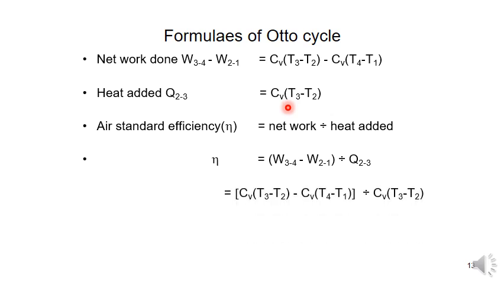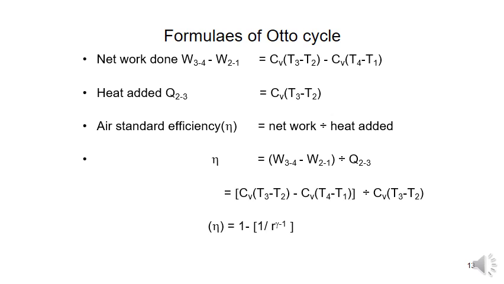From that the Cv cancels, and the remaining is 1 minus (T4 minus T1) by (T3 minus T2), or in terms of the compression ratio, 1 minus 1 divided by r power gamma minus 1. r is the compression ratio, that is V1 by V2, or if the problem mentions swept volume and clearance volume, r is equal to (Vc plus Vs) divided by Vc. Vs is the swept volume, that is pi by 4 d squared L, where d is the diameter of the bore and L is the length of the stroke.